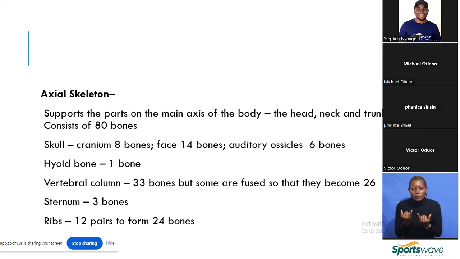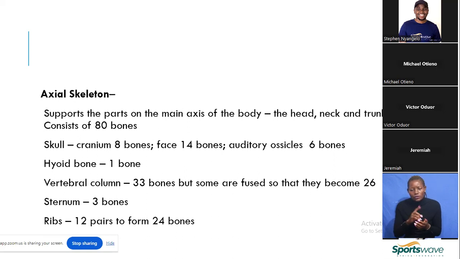Now, the skeleton is basically divided into two. You have the axial skeleton and you have the appendicular skeleton. Now, you will notice that the axial is geared more towards protection, but some slight degree of movement is necessary. For example, in the vertebral column, in the ribs, where sometimes in soccer you jump up and twist to head a ball, or in basketball you have to jump to go and dunk, and situations like that.